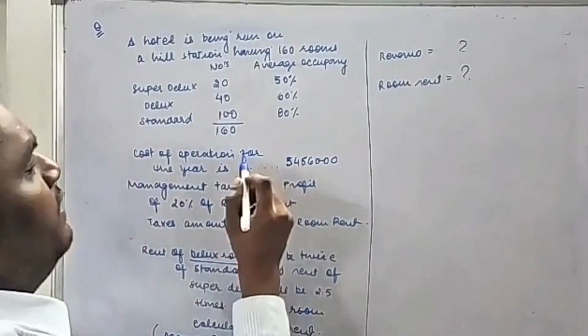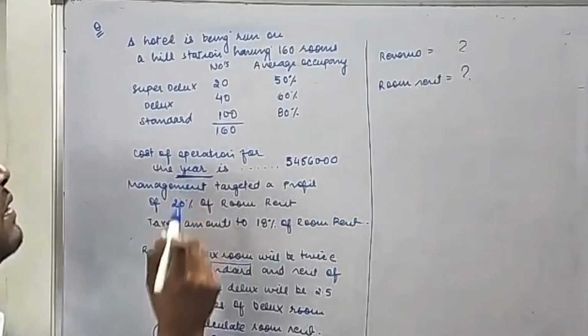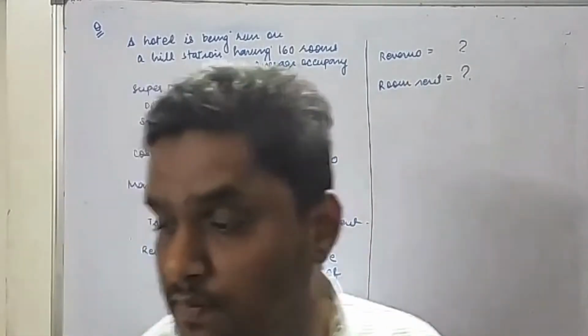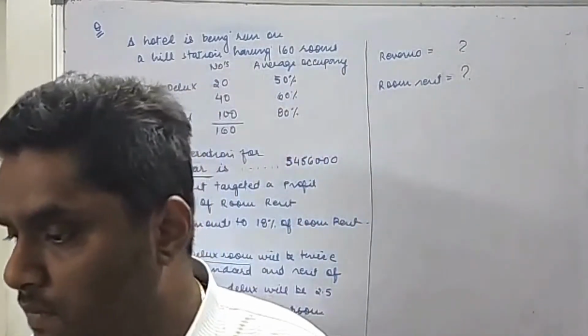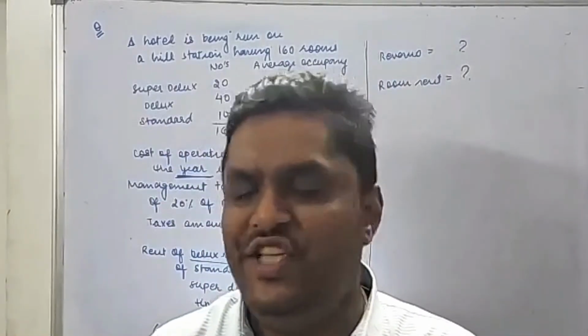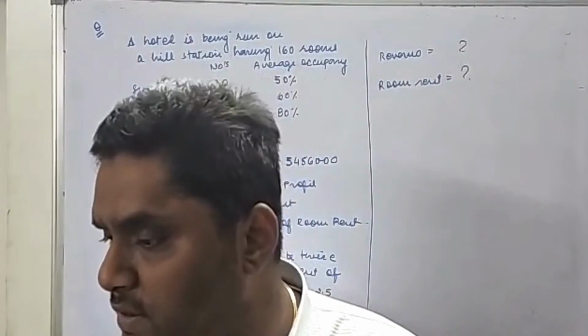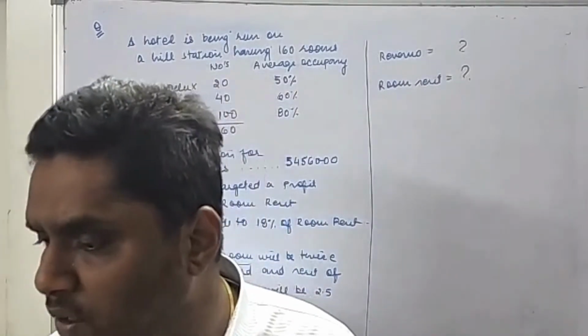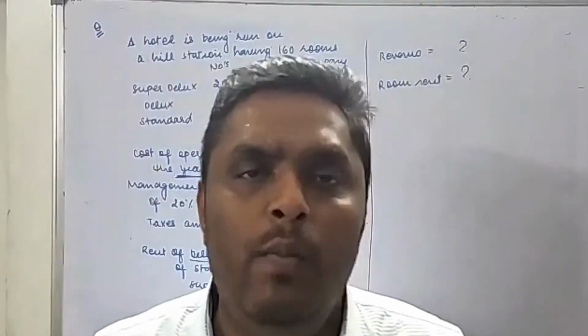This cost is yearly cost. So let's see who answers first. First question, revenue. Waiting for your answers. Yes, you are required to calculate the room rent per room per day.